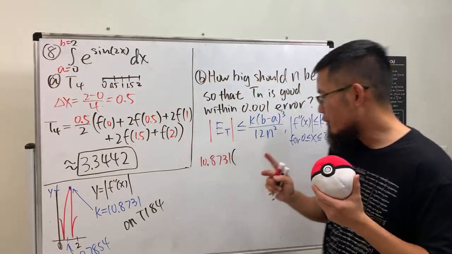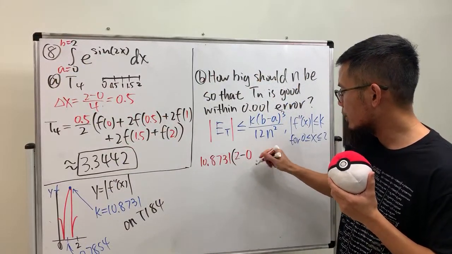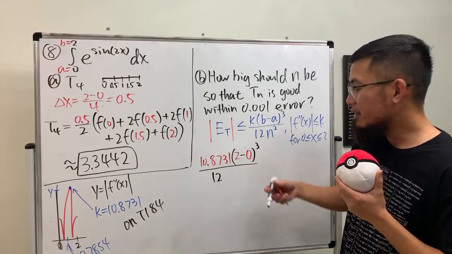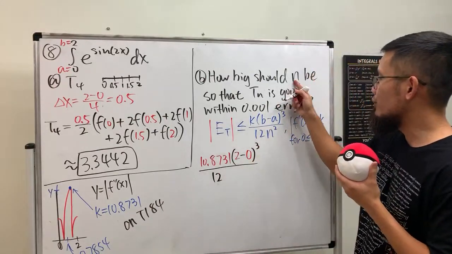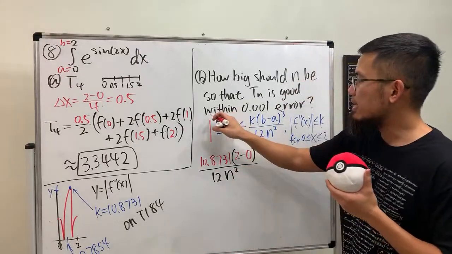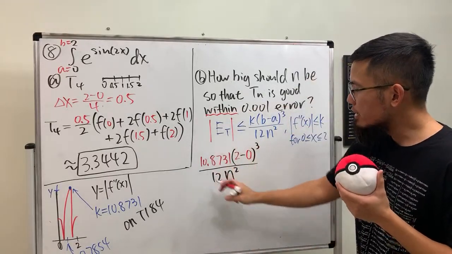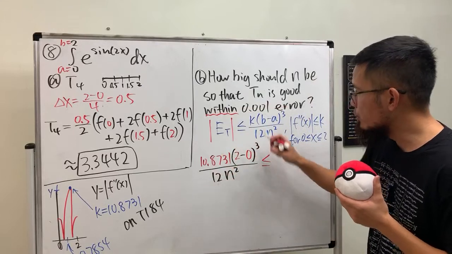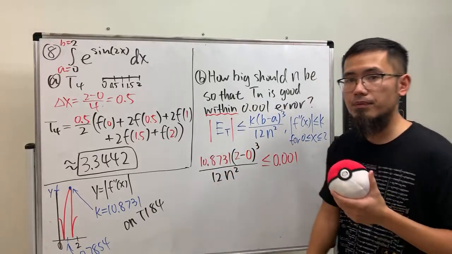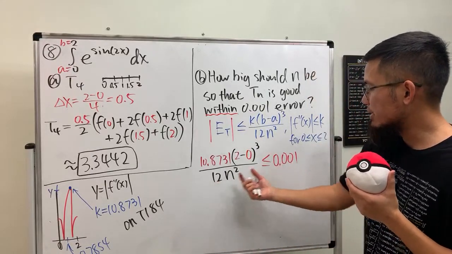Therefore, b is 2, so put down 2, minus a, which is 0, and then raise that to the third power, and divided by 12n squared, where n we don't know. We are trying to find out the n. And right here, it says within, meaning no more than, right? So we want this to be smaller than or equal to 0.001, like this. Great. Now I can just multiply this on both sides, and in the meantime, I'll divide this on both sides.